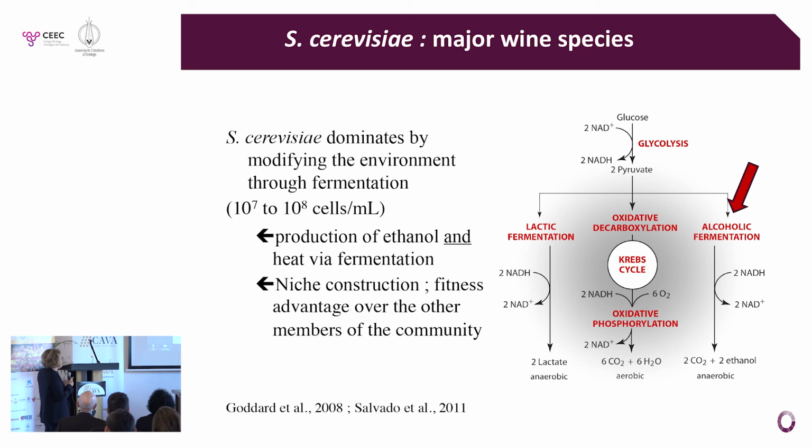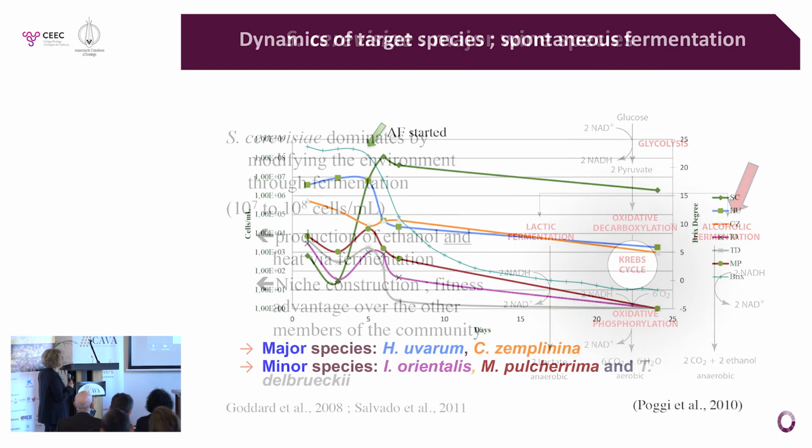That's one main reason why Saccharomyces cerevisiae is dominant during the alcoholic fermentation of grape juice wherever in the world we are producing wine.